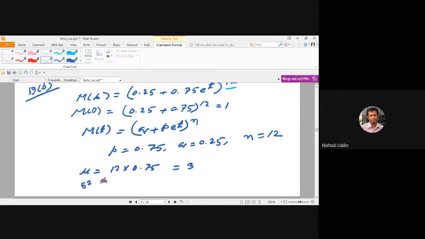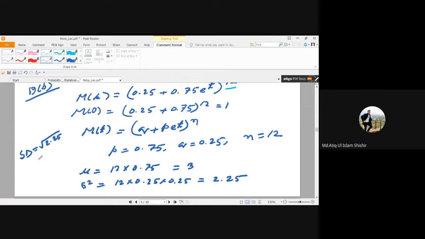Sigma square is 12 into 0.75 into 0.25, 2.25. Then standard deviation is root over 2.25, root variance. So 1.5, that's the answer. Have a check, then I'll go to the next one.